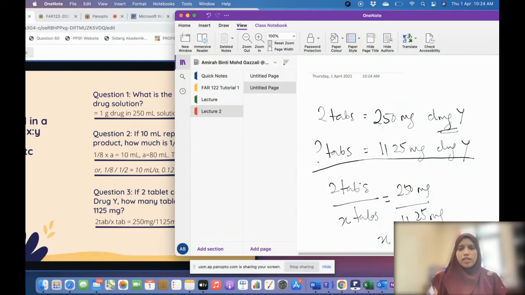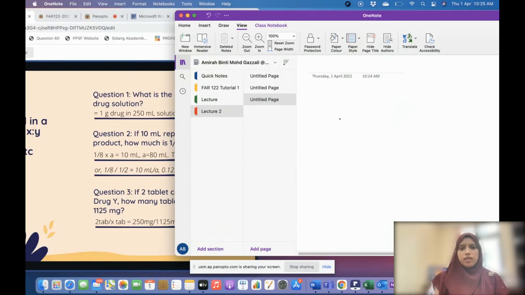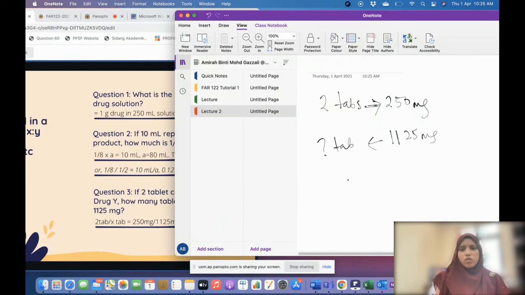So another way of answering this question is you can do the ratio like this. 2 tablets equal to 250 mg. So if you have 1125 mg, how many tablets would you have? So it should be 1125 mg times 2 tablets divided by 250 mg.